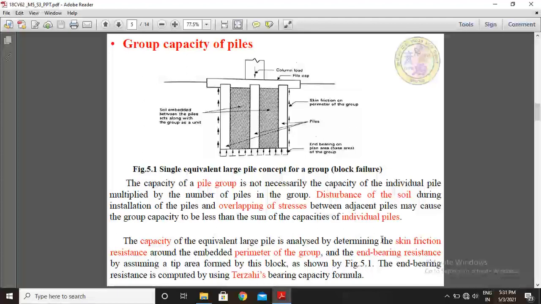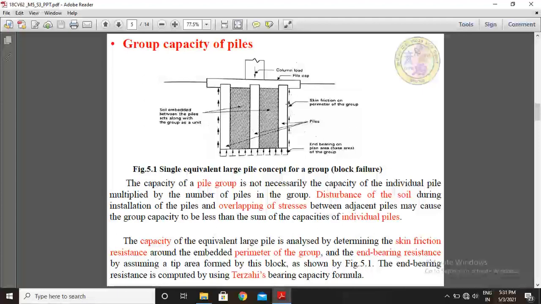Group capacity of piles: how group capacity of piles is considered. So this diagram explains. These are the piles 1, 2, 3, and this is the pile cap, and this is the column load. This is the ground level. The piles are inserted below the pile cap, and the soil embedded between the piles acts along with the group as a unit.